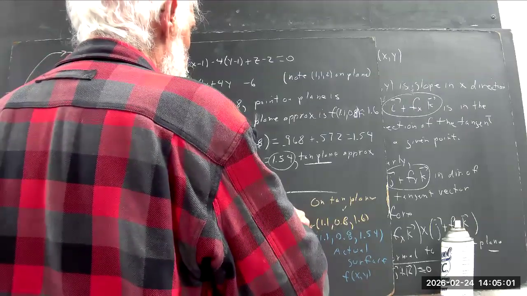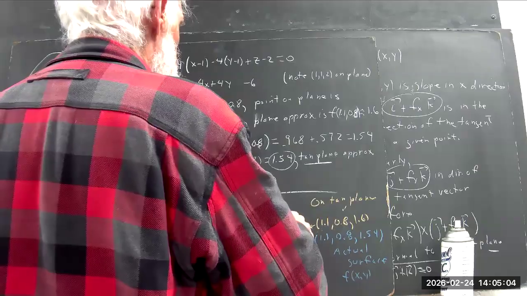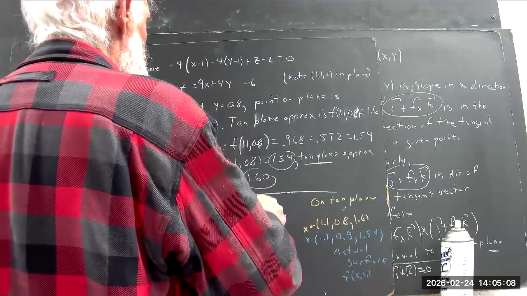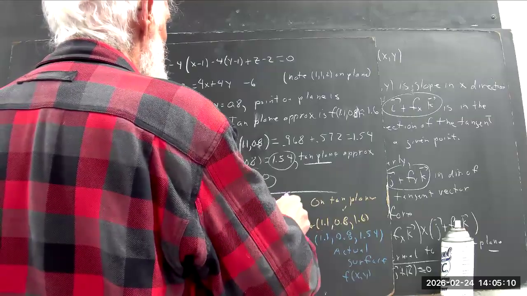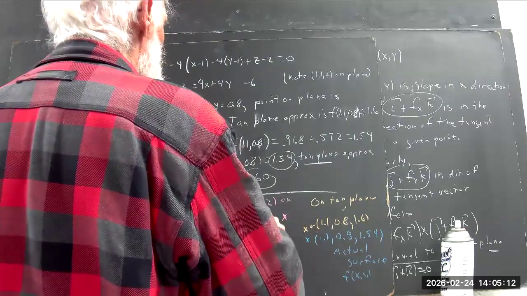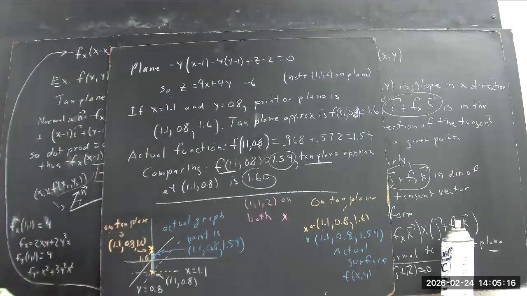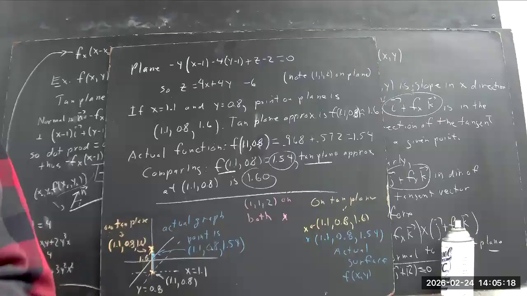So I'm just going to say it's here. And this is a point on both the tangent plane and the actual surface. Does that make sense?